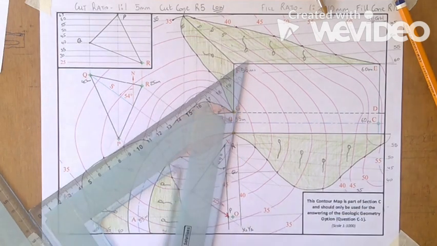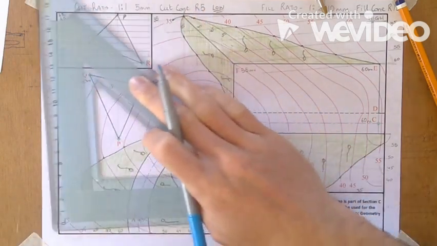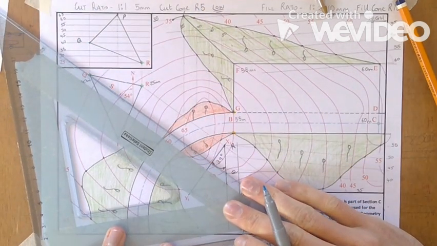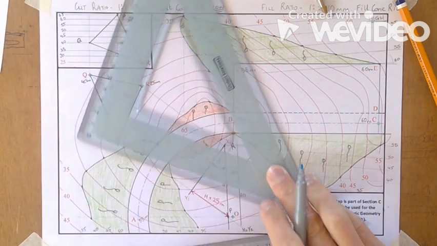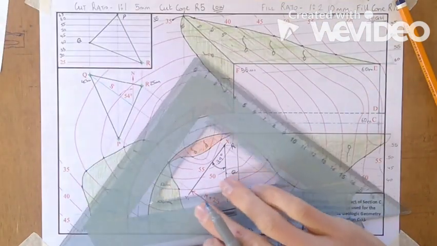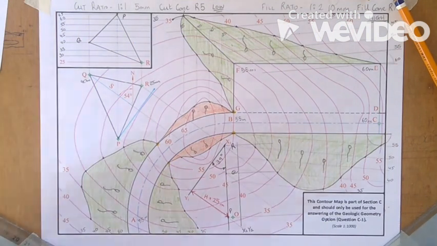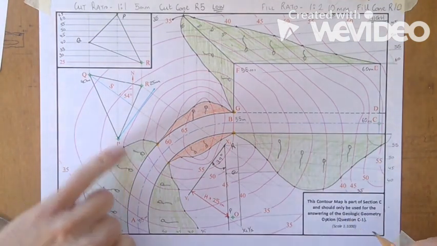That's x2, y2. And that's our datum line. So point P is on our datum line.